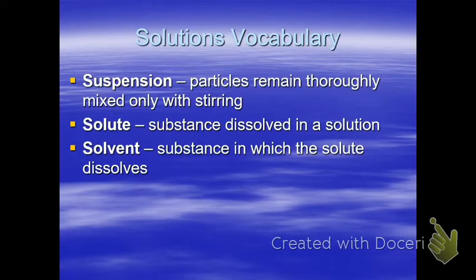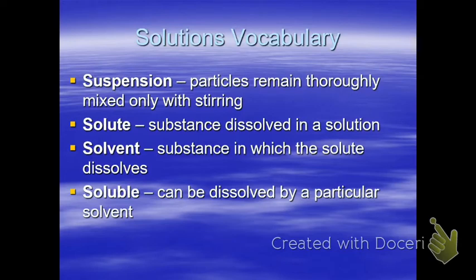Two very important vocabulary words here: solute and solvent. The solute is the thing being dissolved. The solvent is whatever you're putting it in. So for example, if I dissolve sugar in water, sugar is the solute, water is the solvent.